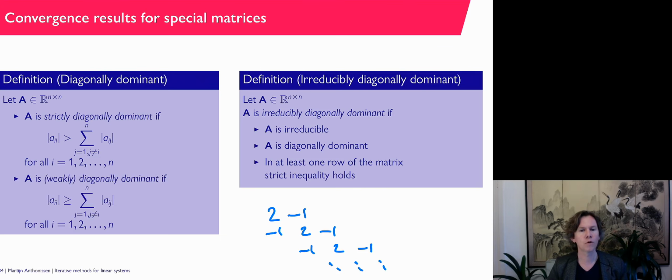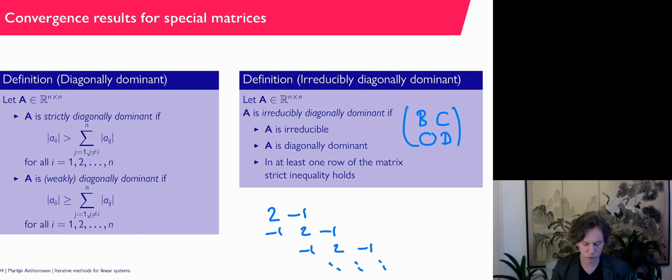Now, we also looked at irreducible before. Basically, a matrix is irreducible if you cannot split it into something like, let's write B, C, D, 0. So if you can write a matrix like this, basically part of the unknowns are uncoupled from the rest.